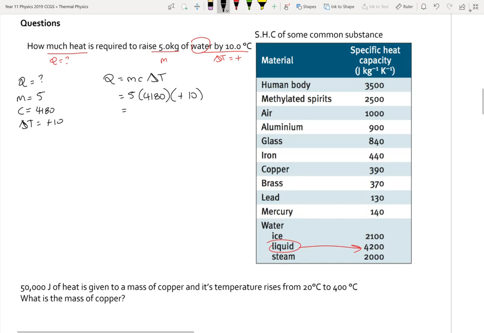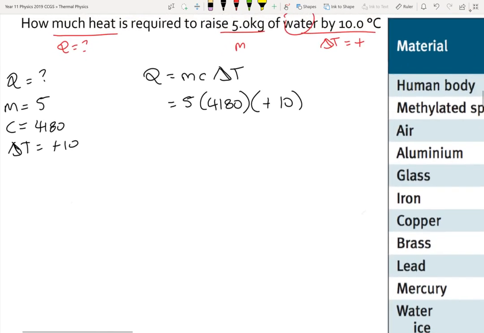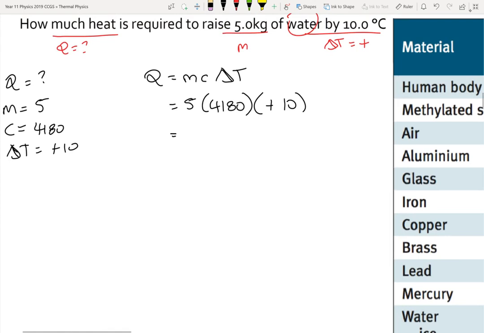And we get plus... now, too many sig figs for this, but let's just go 2.1 times 10 to the 5 joules. In fact, hang on, I'm going to just start over. Would somebody mind calculating this for me in their calculator and just tell me what everything is?